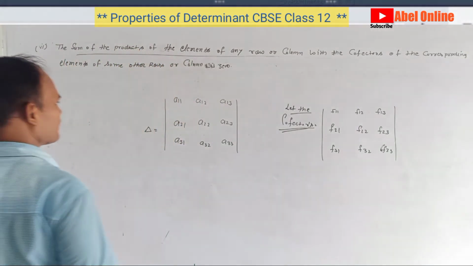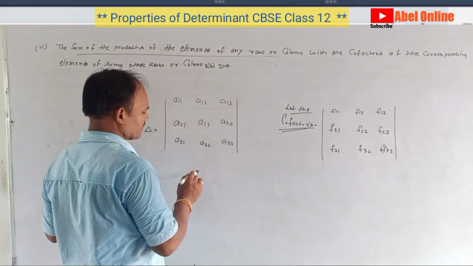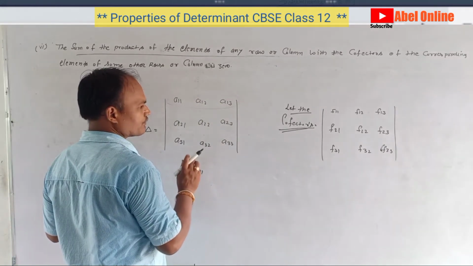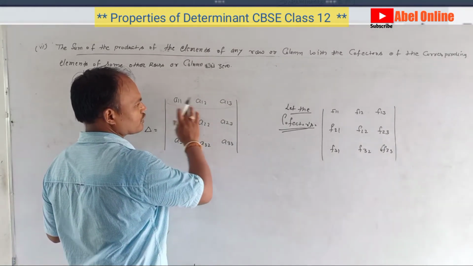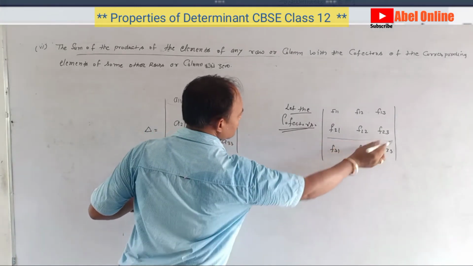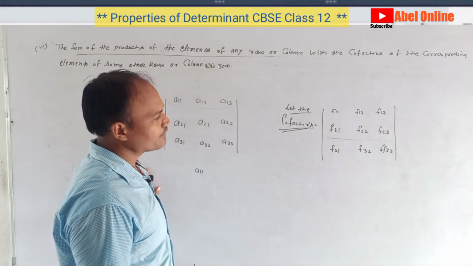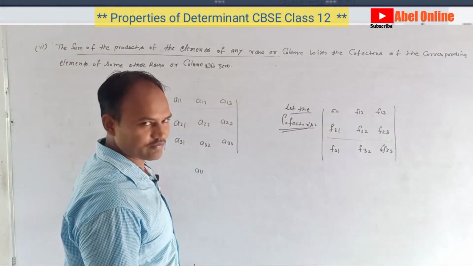Now you have to take the elements of the first row. The elements are a11, a12, a13, and the cofactors of another row are f21, f22, f23 or f31, f32, f33.